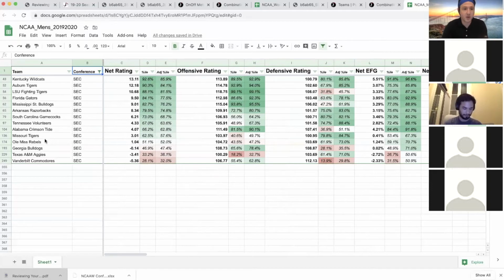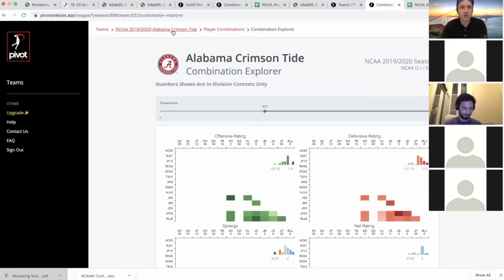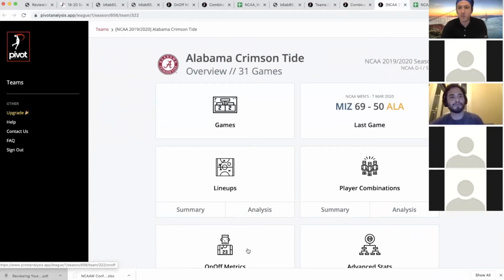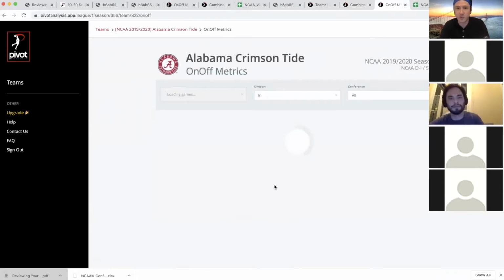So I was looking at some of the Alabama data and trying to understand what was driving positive and negative performance for them. One of the most useful tools in the beginning for analysis, and this has been really well received from our coaches, is the OnOff tool.